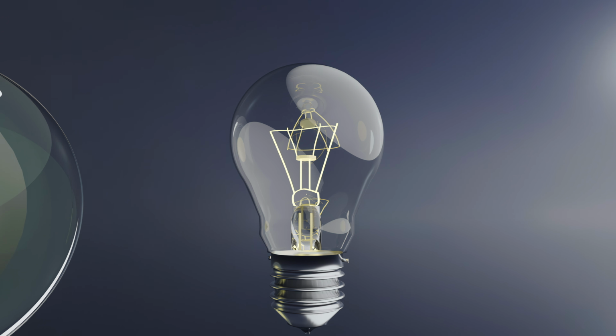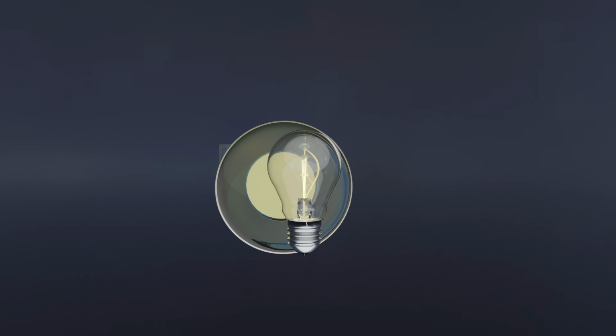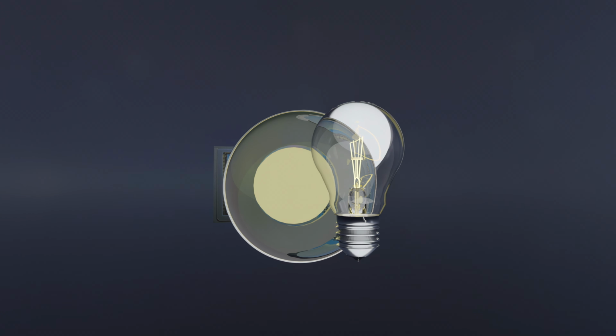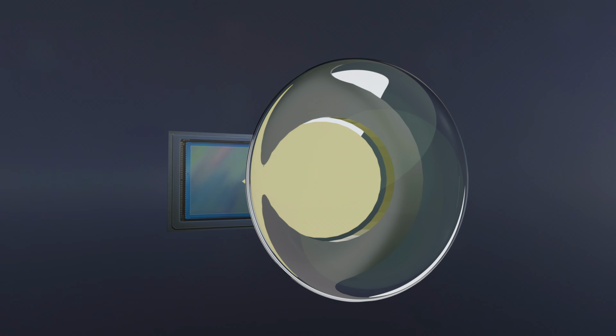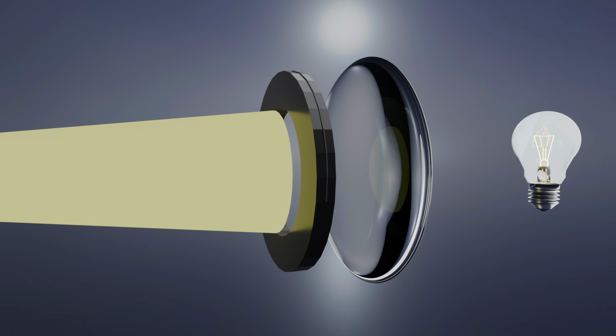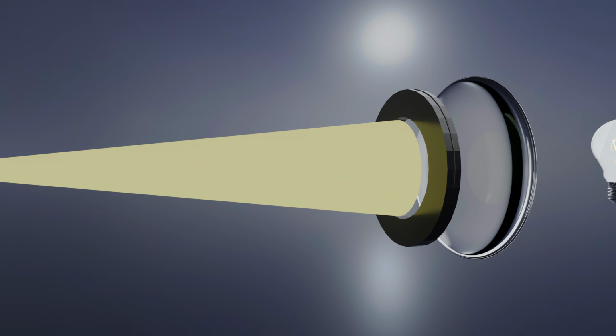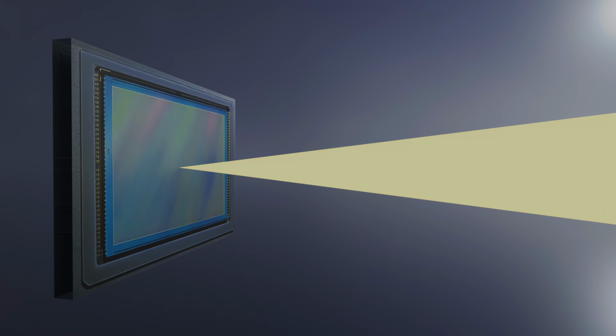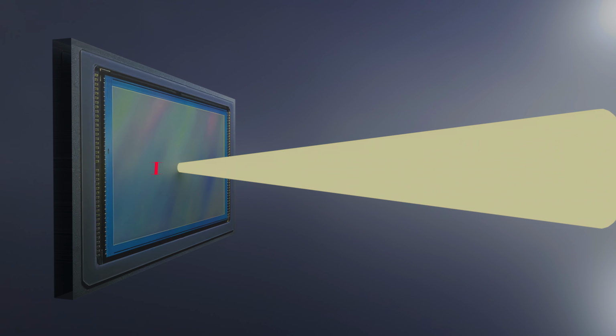Imagine the light from a subject, in this case a light bulb, going through a lens, the iris, and hitting the sensor at exactly the right point to be perfectly in focus. You can think of this light as a cone shape, and when it's perfectly sharp, you end up with a singular circular point of light on the sensor. If the light wasn't focused on the sensor, that circle would get bigger. At first, because of the pixel density of your sensor, you might not notice.